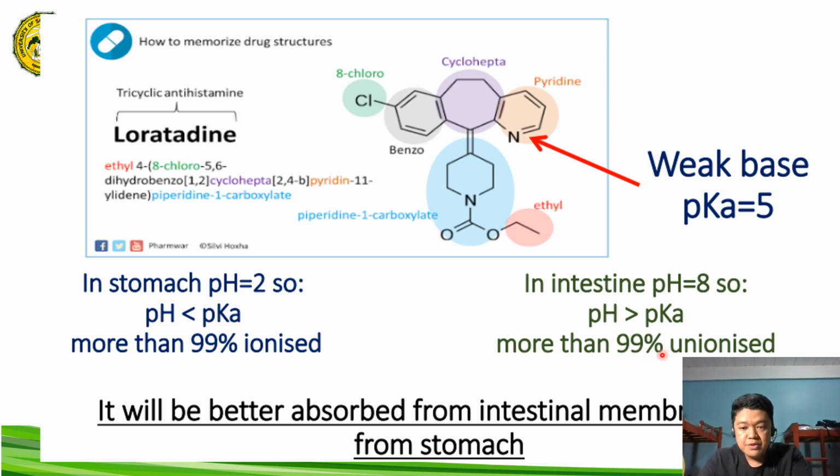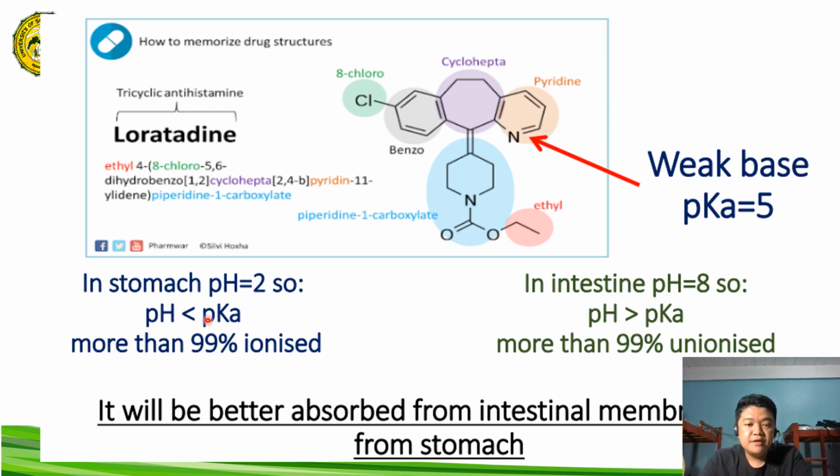That is the ratio between the ionized and the unionized form of our loratadine in the intestine. In the stomach, the ratio is also 1:1000, meaning that for every one unionized form of loratadine, there are about 1000 ionized forms.